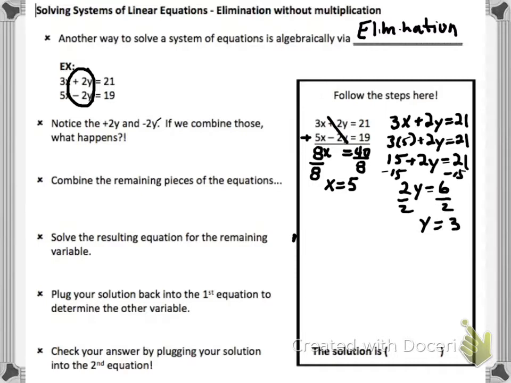Now I'm going to check my work. I think x equals 5, y equals 3 is my solution, but I'm going to take the other equation, 5x minus 2y equals 19, and plug in those x and y values. I get 5 times 5 minus 2 times 3, and it should equal 19. 5 times 5 is 25, minus 2 times 3 is 6, and 25 minus 6 is 19.